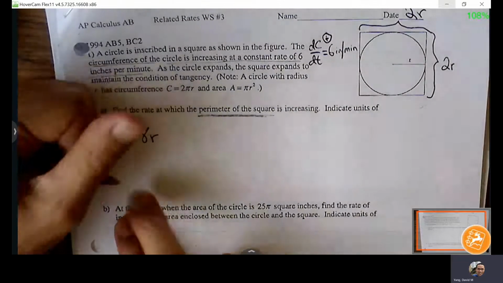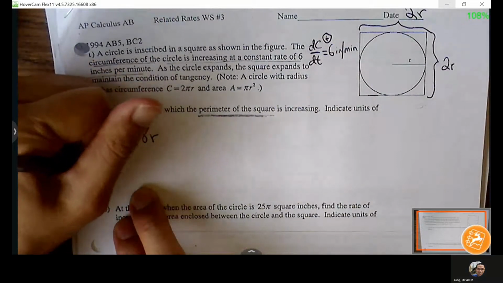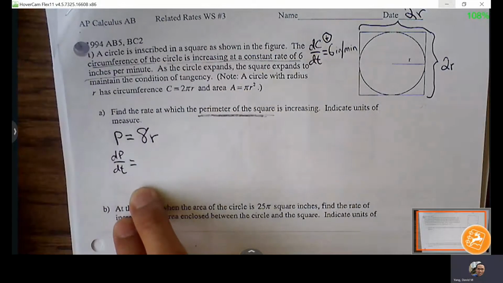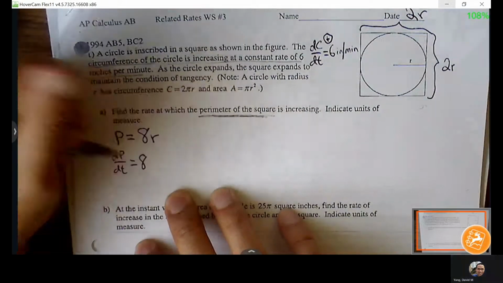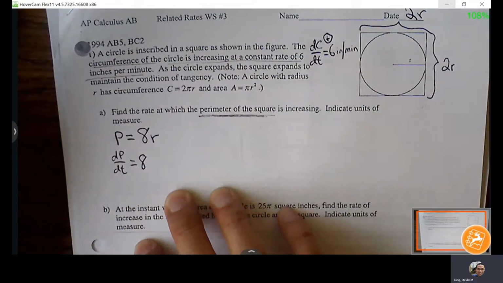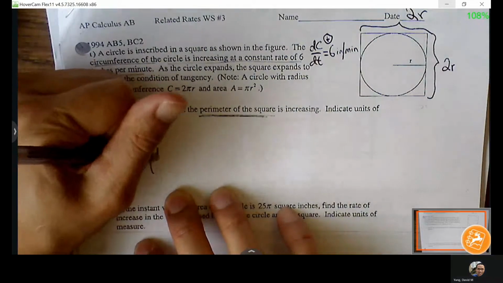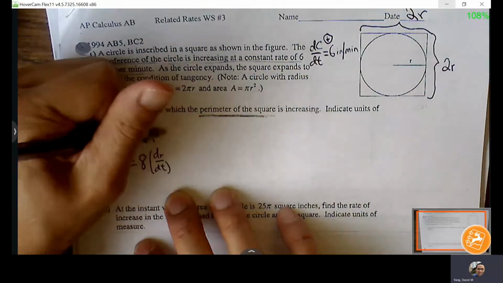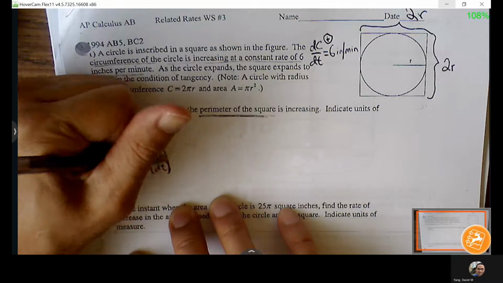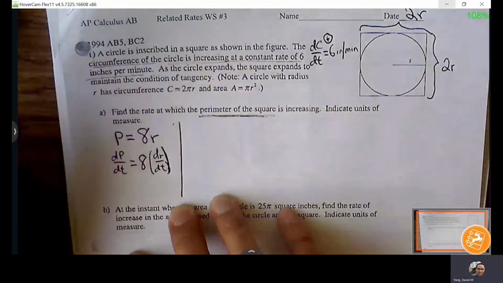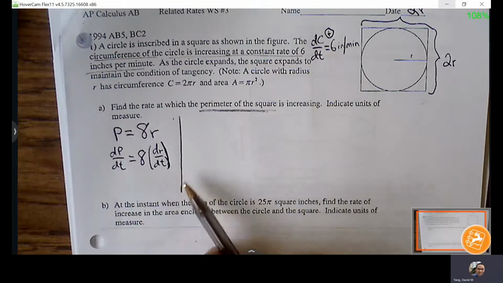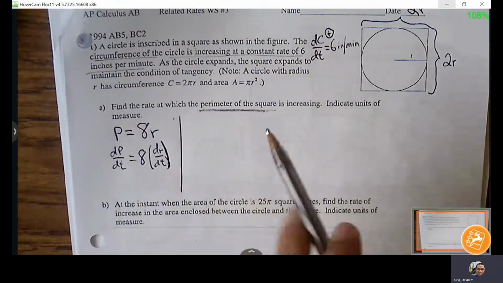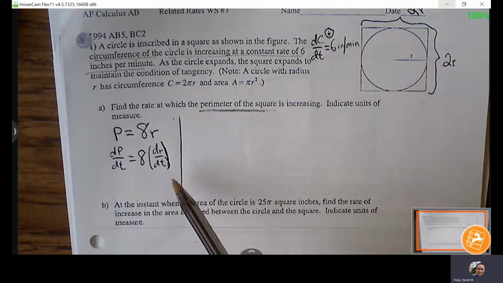P becomes dP/dt. 8r becomes 8 stays, but r becomes dr/dt. This will be a lot easier if we can plug in dr/dt, but it looks like they didn't quite give us dr/dt.